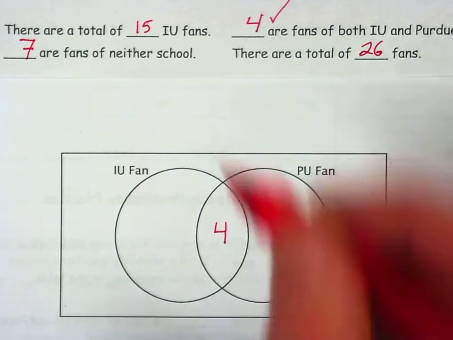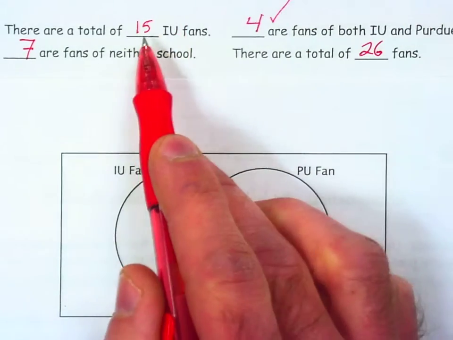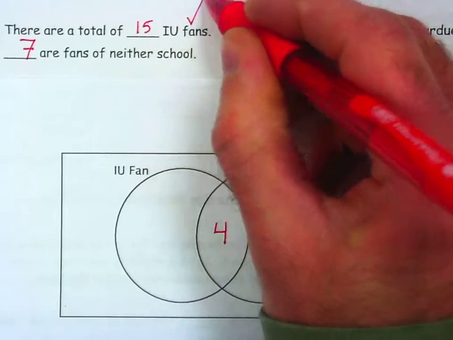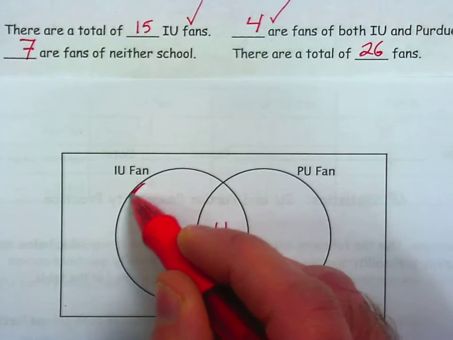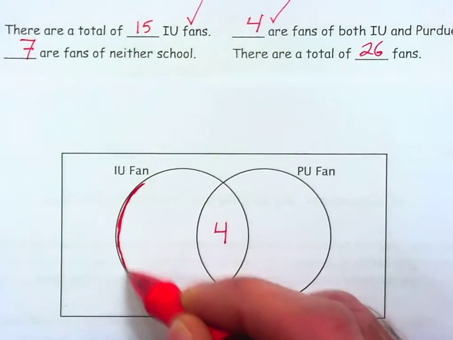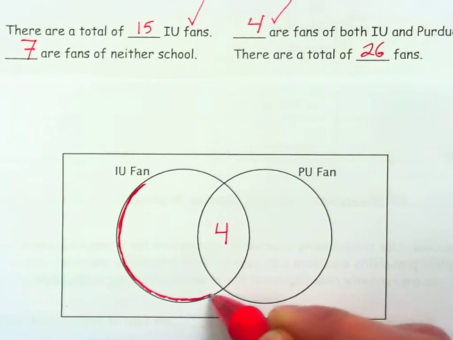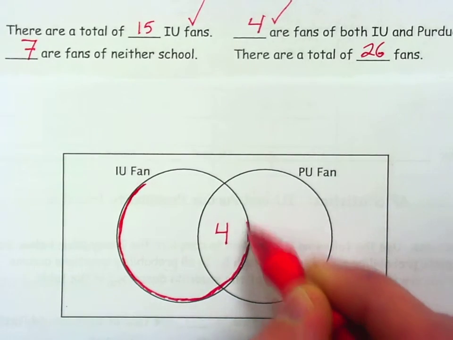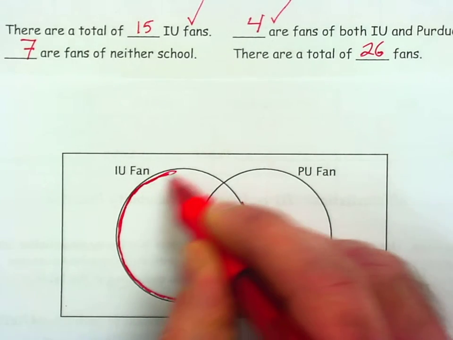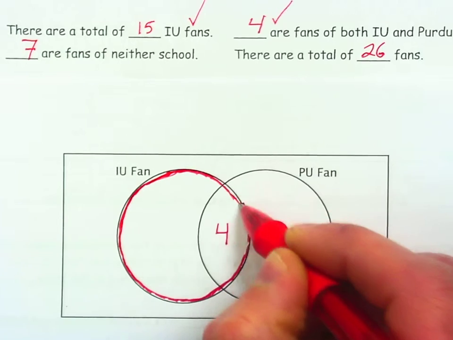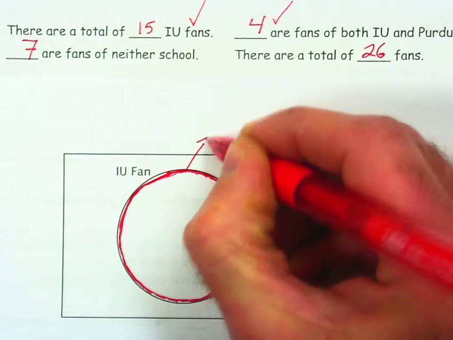Now notice, we know that there are a total of 15 IU fans. So all IU fans are represented by the IU circle. If I highlight the IU circle, I've already got 4 fans inside of that circle. So the total of this circle has to be 15. I'll even write that in.